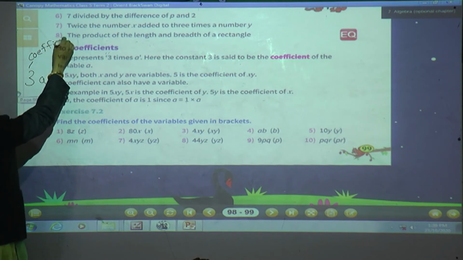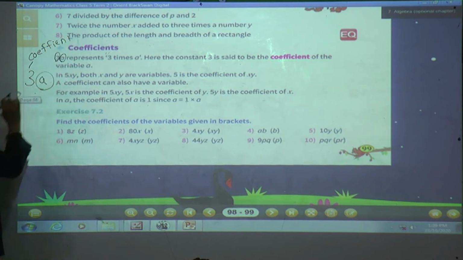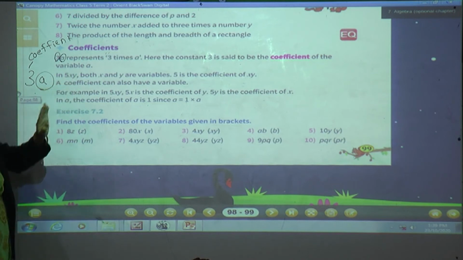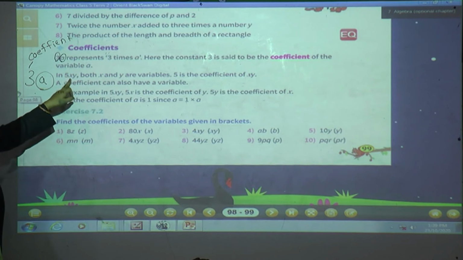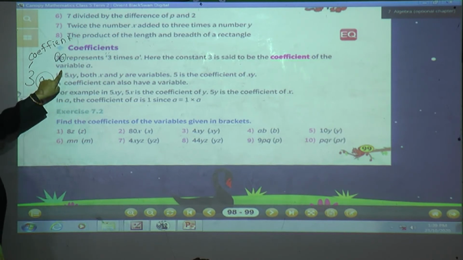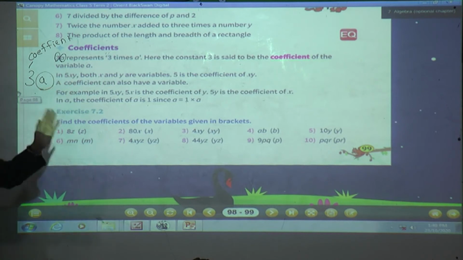Now in 5xy, both x and y are variables. 5 is the coefficient of xy. So this one is a coefficient and x, y are variables.